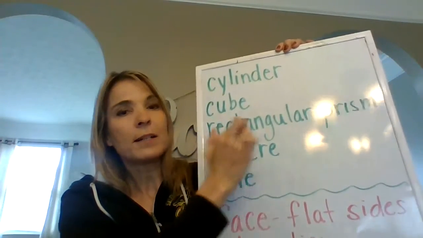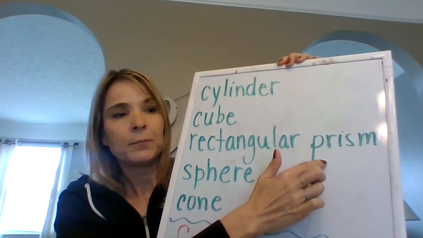The next three-dimensional shape, oopsie, is a rectangular prism. This one. See, it looks like a rectangle this way. Turn it this way. That one is a square on each end. But a rectangular prism has the same amount of faces, edges, and vertices as a cube. So if you remember, there's actually 6 faces.